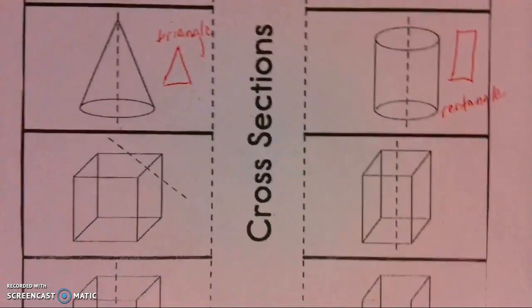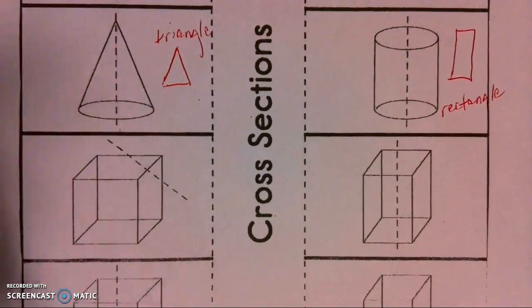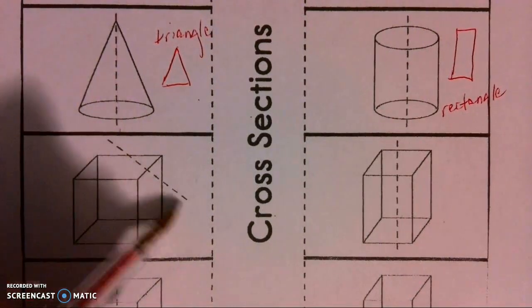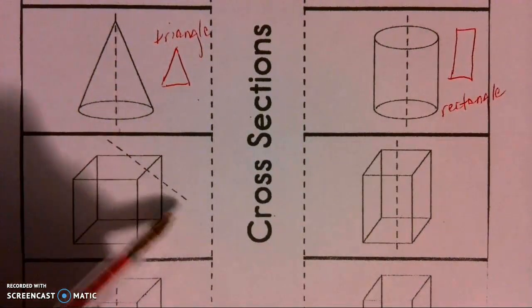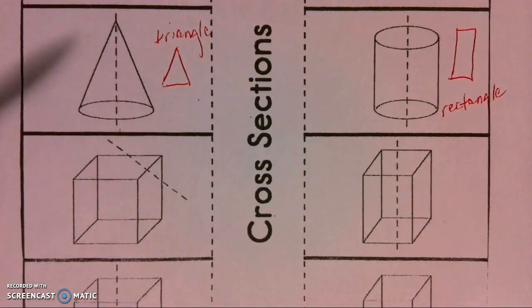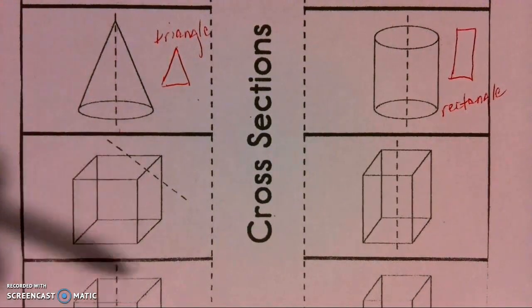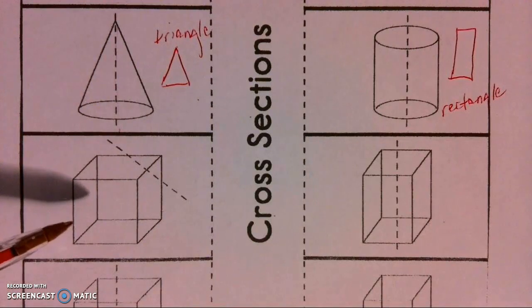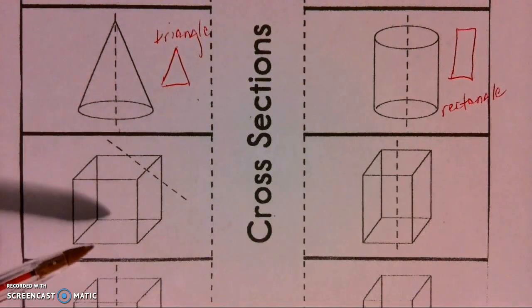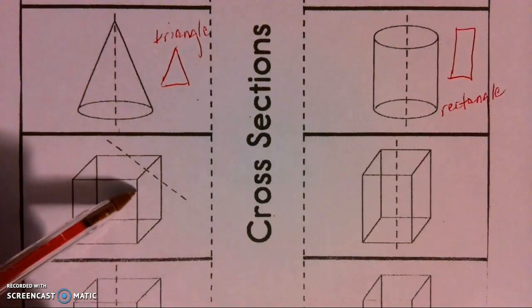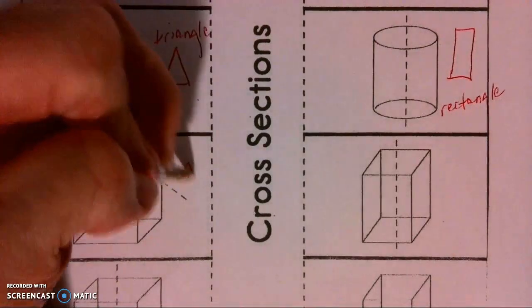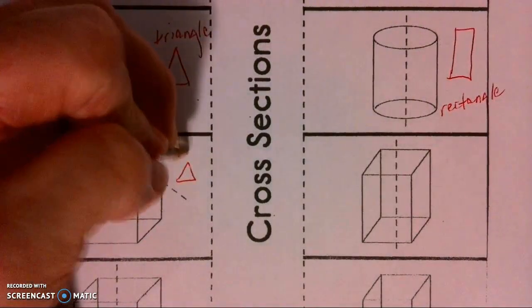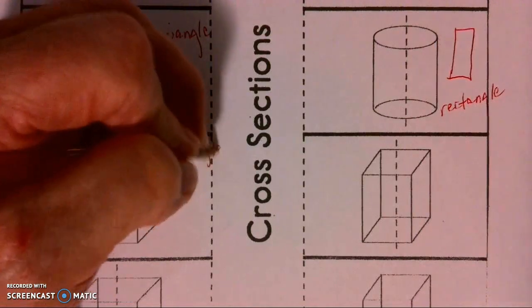Now, let's take a look at this next one. The next one is a cube, and notice that this cube is sliced at an angle. When I slice at an angle, it's going to depend on how many faces of the shape I slice through. In this case, I'm slicing through 3. Since I'm slicing through 3, I'm going to have a triangle.